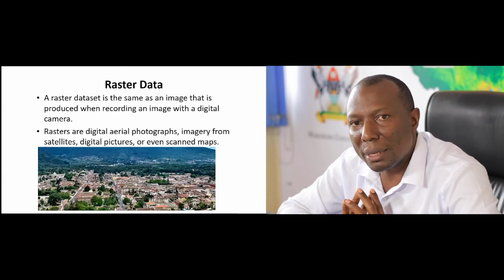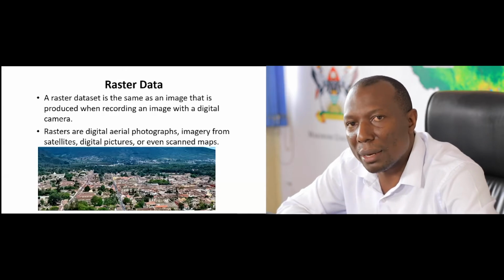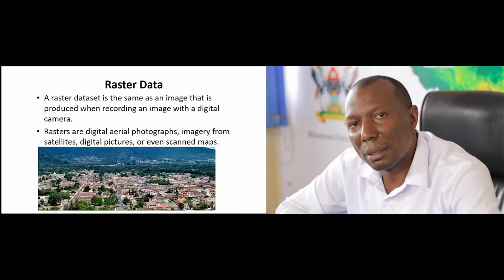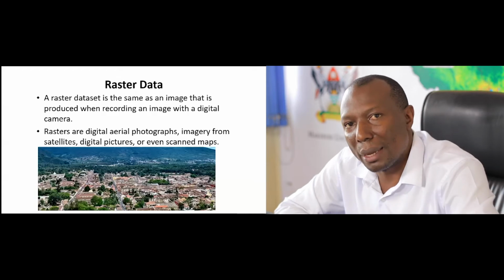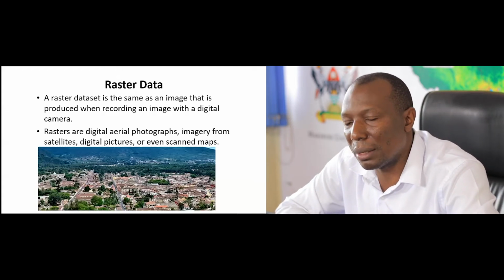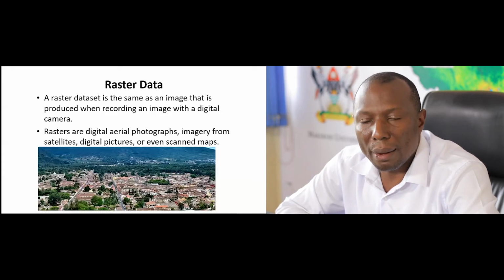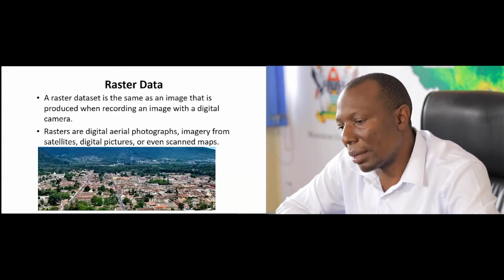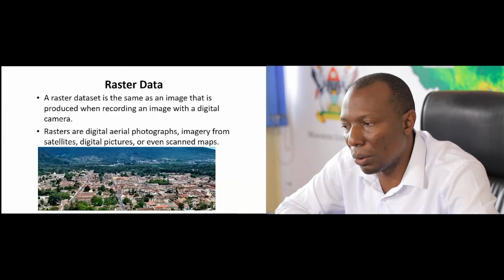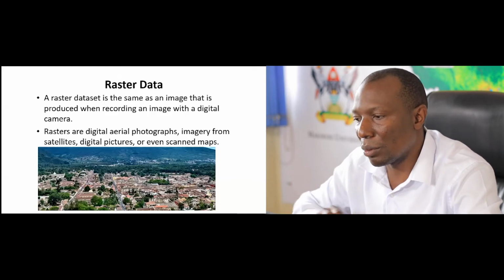Whatever satellite images give you, or whatever you get as a hard copy map and scan, ends up being raster data. So rasters should not confuse us. It's a common term that we are trying to use to represent files. You have seen JPEGs as you take photos using your camera, and those JPEGs are represented as rasters when you add them in the software.